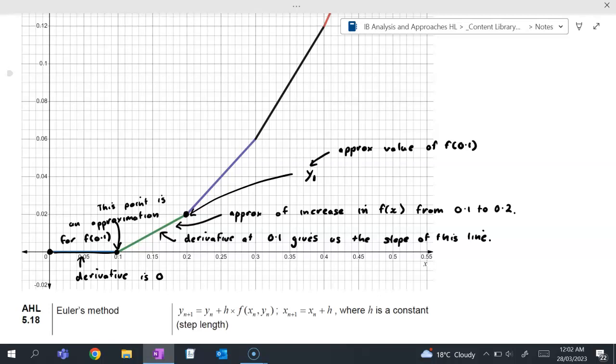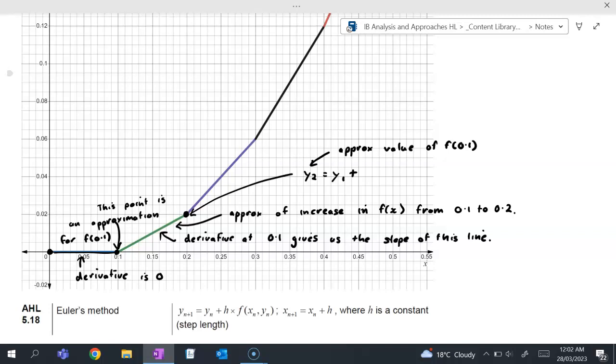So Euler's method is this idea of drawing tangents and calculating the next point on. So it's y1 because it's the approximate value of f of 0.1 after one step of Euler's method. Now, if I was to get y2, which is this point here, y2 is going to be y1 plus, now the slope of the tangent is given by the derivative at 0.1.